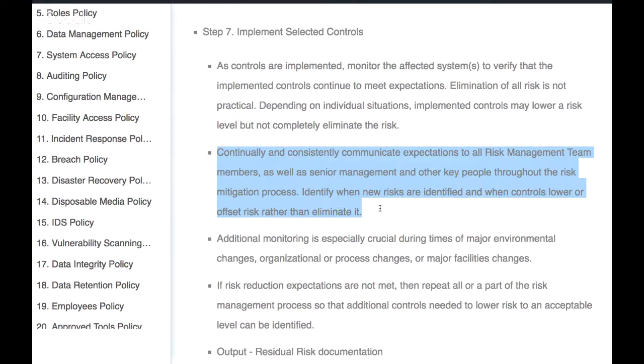Continually and consistently communicate expectations to all risk management team members, as well as senior management and other key people throughout the risk mitigation process. Identify when new risks are identified and when controls lower or offset risk rather than eliminate it.